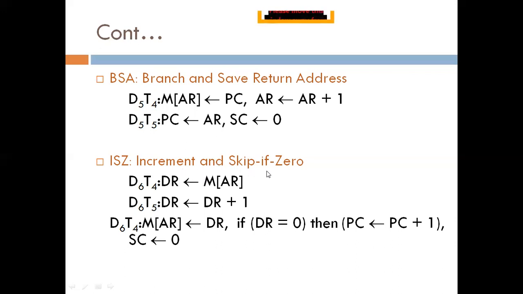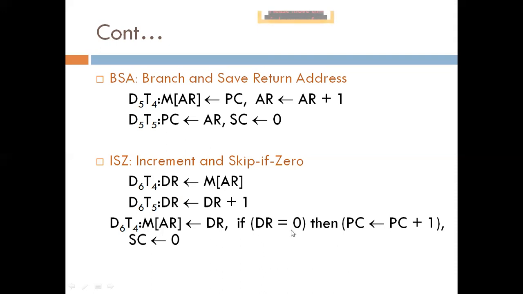Increment and skip if 0. So the memory at AR is going to be copied into the DR. DR is incremented by 1. One more thing is that DR is going to be copied into the memory at AR.